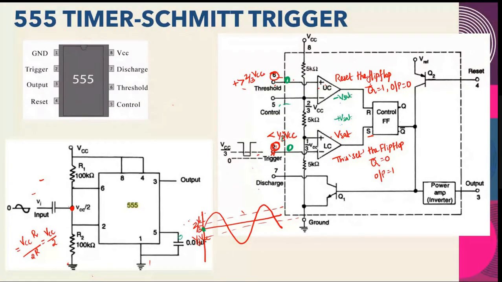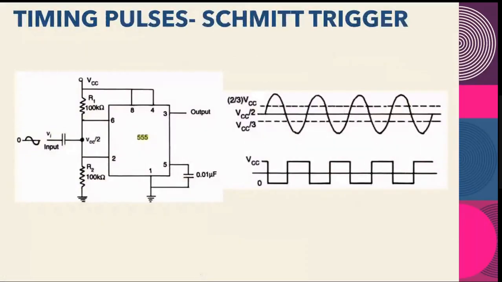So this flip-flop is set. When the input is 0, 0 is given to both comparators, the voltage will be compared and the flip-flop will be set. When the flip-flop is set, Q will be 1, Q bar will be 0. So we will get an output.